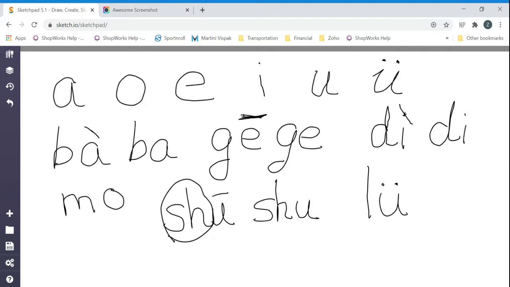And a couple combinations of the initial, like b with the final a, and make a word, those kind of words like 爸爸, 哥哥, 弟弟, 叔叔.